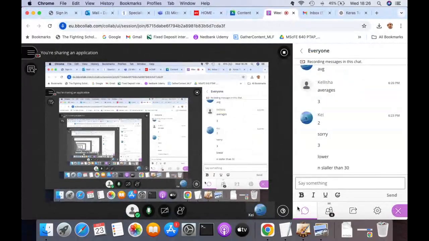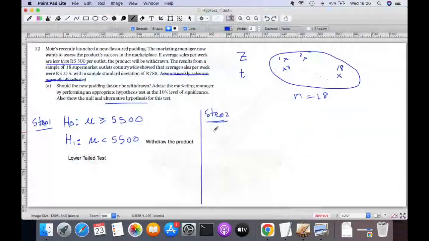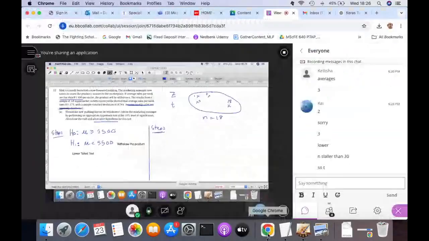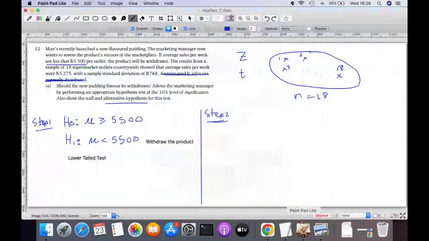Yes, very good, when your sample size is smaller than 30. If your sample size is less than 30, which is the case here, that's a dead giveaway that you're going to use a t-distribution.